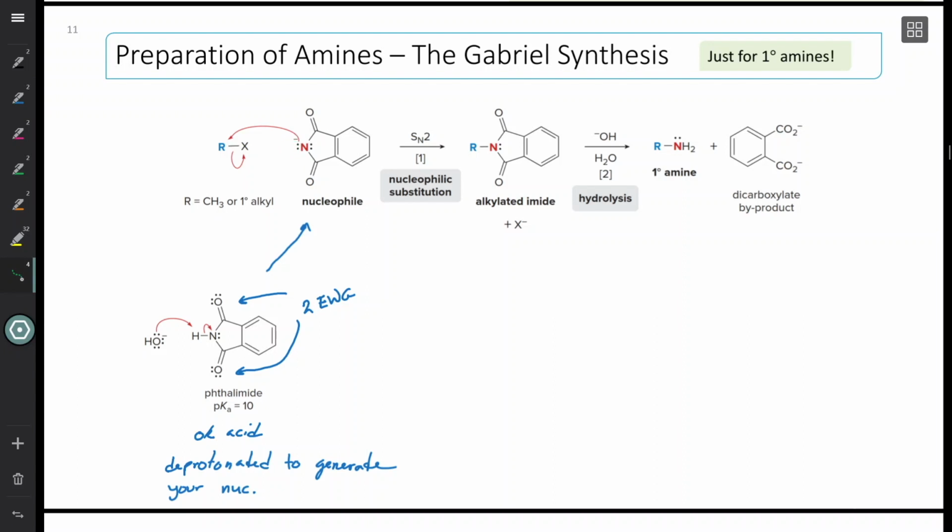Now this is very basic, and it will be your nucleophile and attack your alkyl halide. So you'll do that first step, SN2, and you'll get your alkylated amide. And now you might think, okay, this lone pair is still here, why doesn't it go after a second one? But this amide is really not interested.